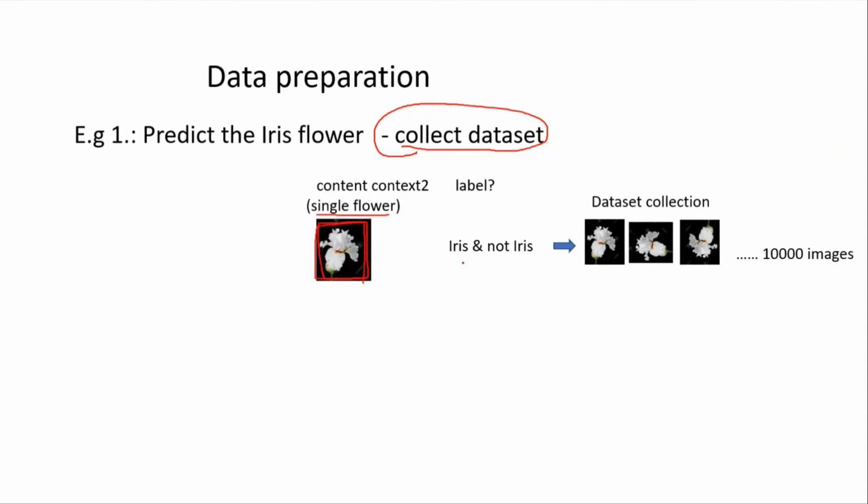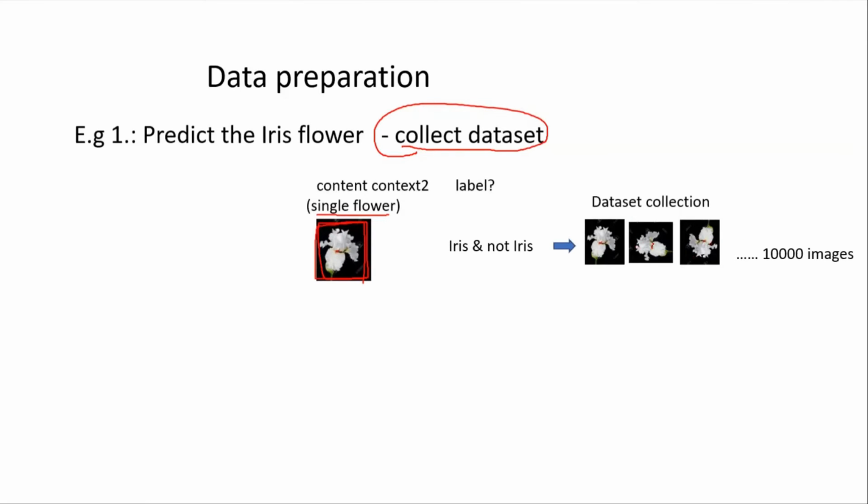So the label will be iris or not iris. Now the dataset collection is supposed to be like this. We have 10,000 images like this, 10,000 of a single flower in the whole photo. The whole photo has only a single flower.